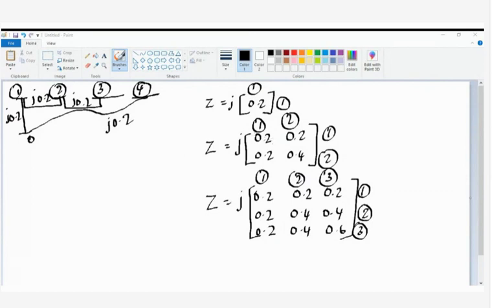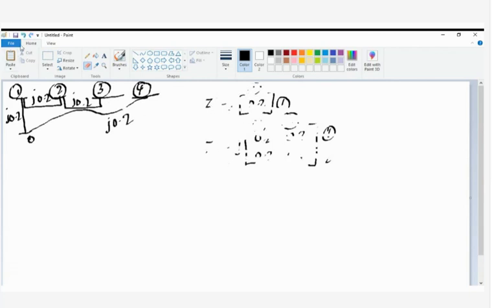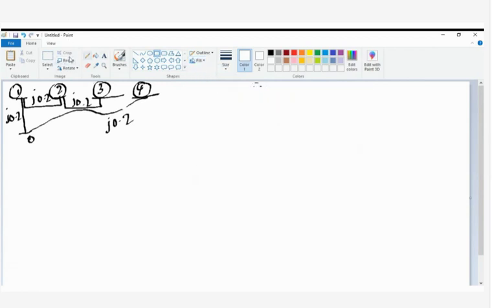So basically, first I'm going to add the first element, so it is going to be like this.